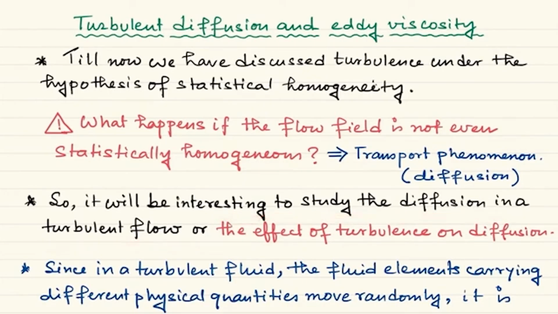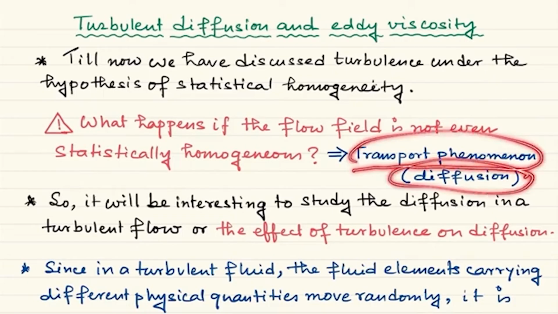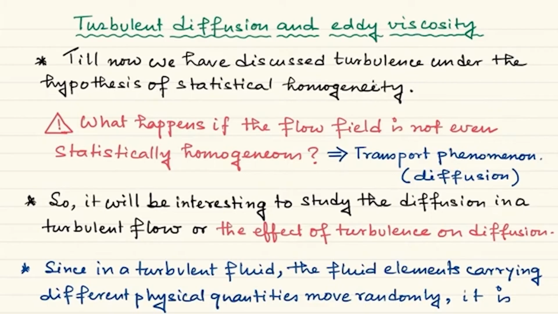We are now assuming that the flow is turbulent because the Reynolds number is very, very high, so the non-linearity in the flow field is totally dominating. And in addition, we have a transport phenomenon like diffusion. So in this case, we have to consider two things side by side, diffusion and turbulence.